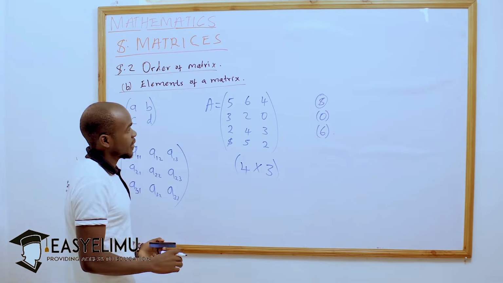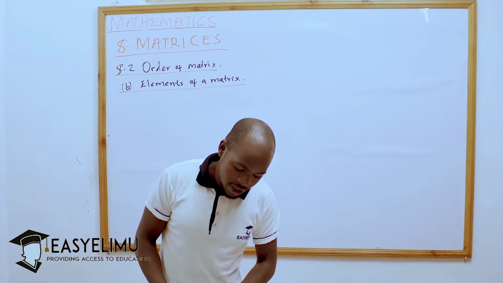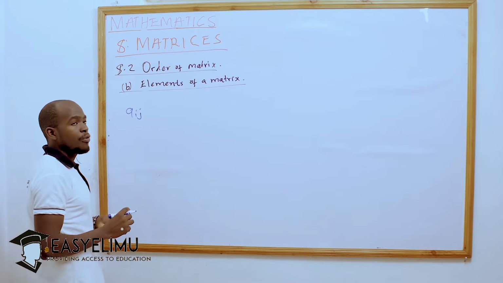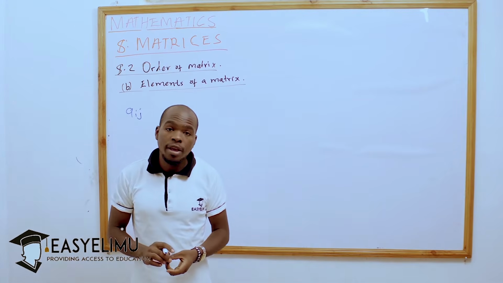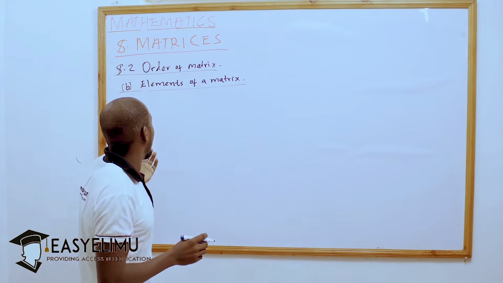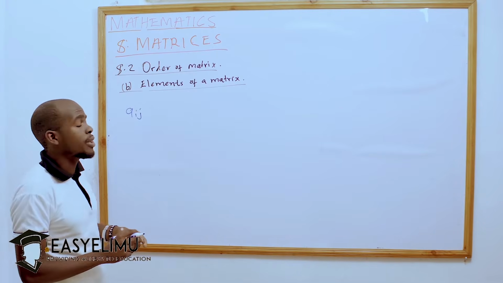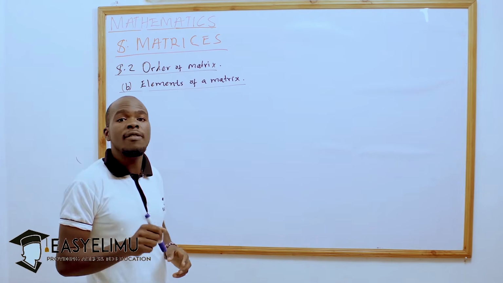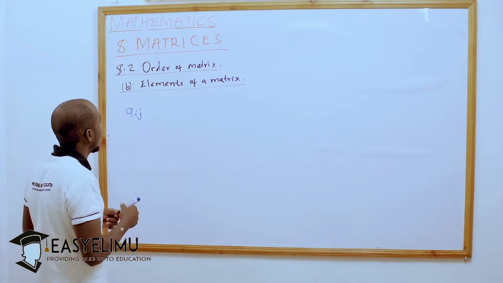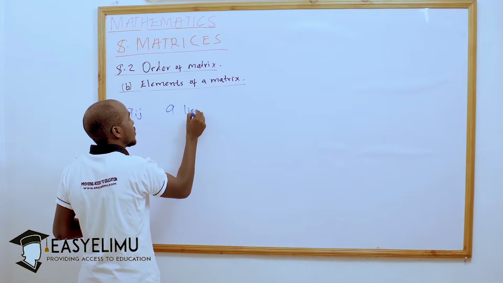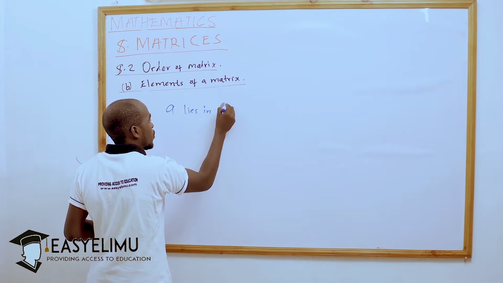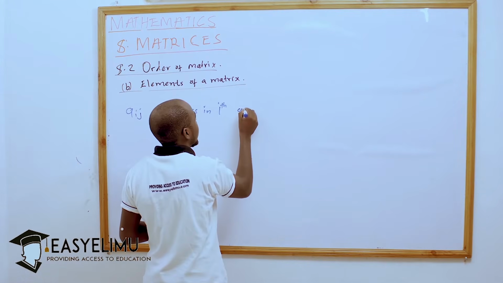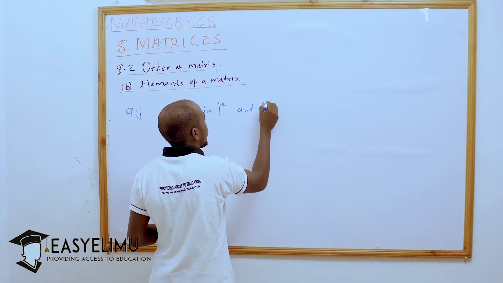So in general, we can say that if Aij, if we needed to state the location of A, and we have been told that Aij is an element of a given matrix, then that means that this A lies in the ith row, meaning that is the number of the row in which it lies, and it is located also in the jth column.